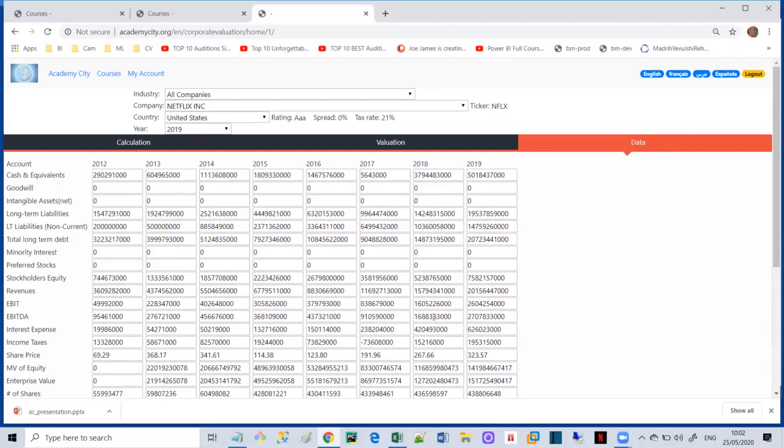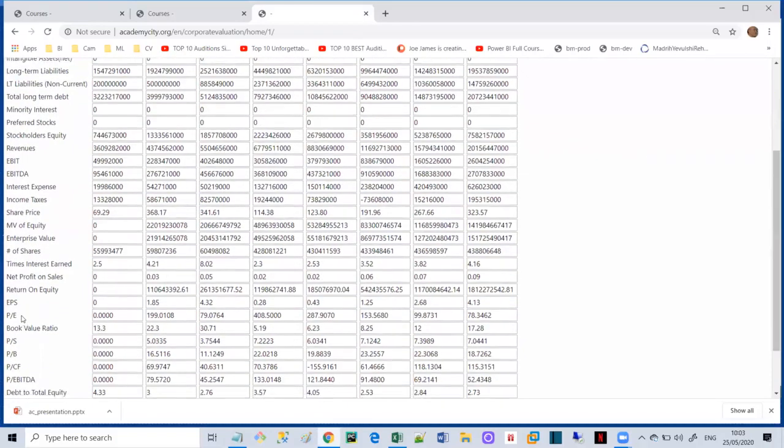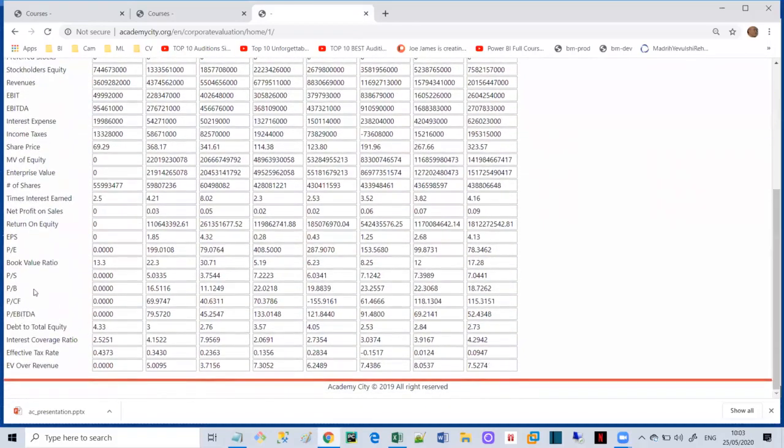Now, which data do you really need? By the way, I recommend that you go over it a little bit. You see you have cash, goodwill, intangible assets, long-term liability, revenue, EBIT, EBITDA. I collected here everything you will need for your paper, in a nice way.